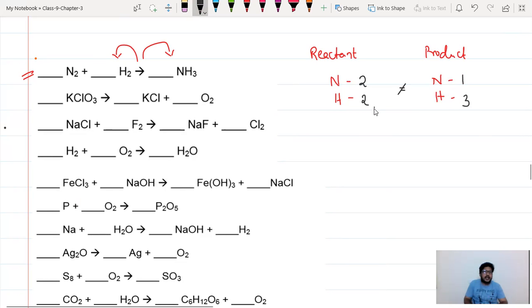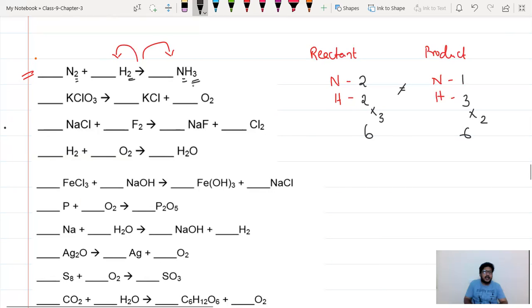Here what we can do, 2 can be multiplied with 3, 3 can be multiplied with 2, such that it will become 6 here, and 6 here. In front of the hydrogen, one thing you have to remember, you should never touch the subscript, as I told you. Never add any number at the subscript.